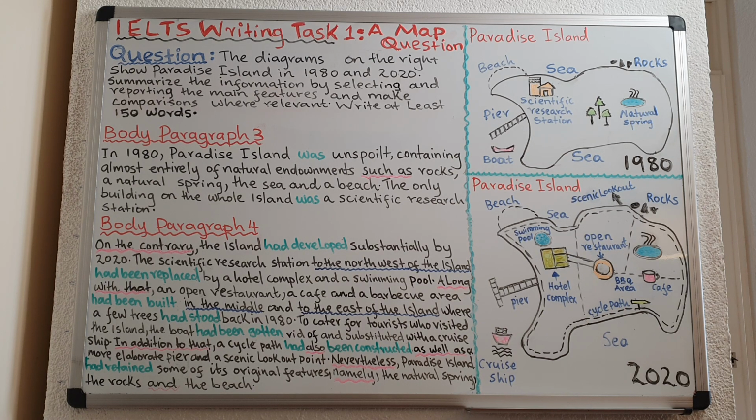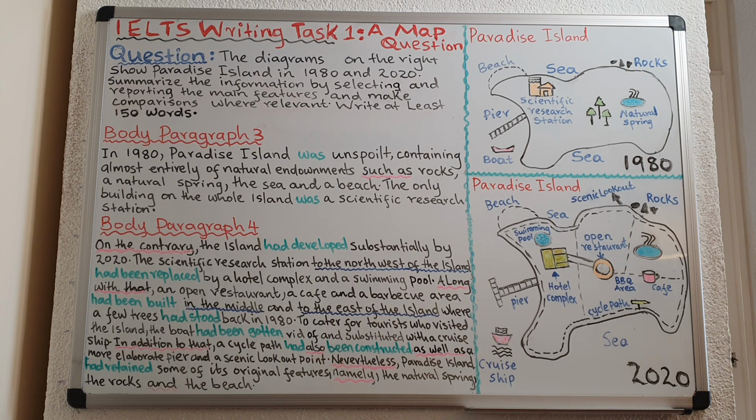And then you notice the last sentence, the only building on the whole island was. Again, I use the past tense. Very important that you use the past tense when you're describing the key features or the main features in regards to Paradise Island in 1980.